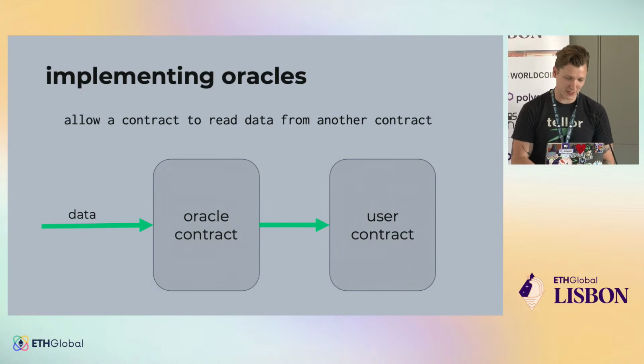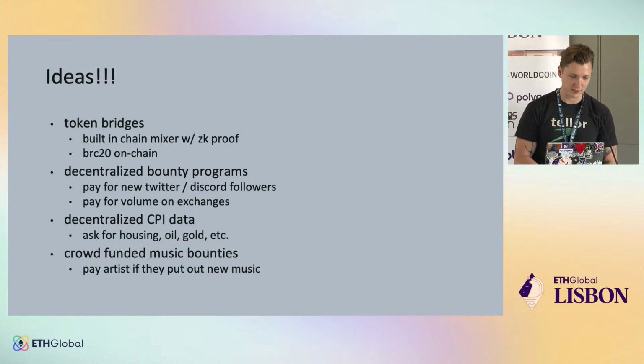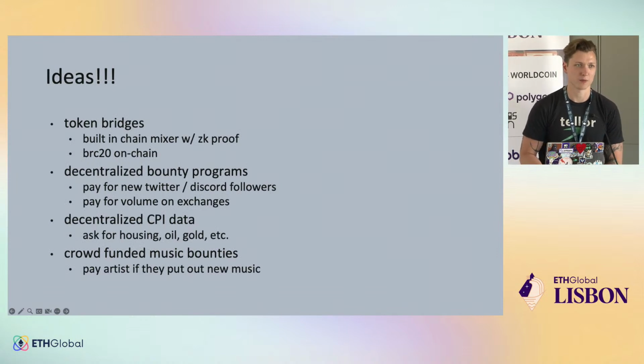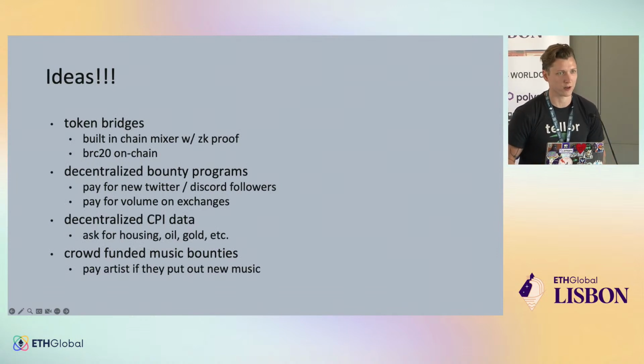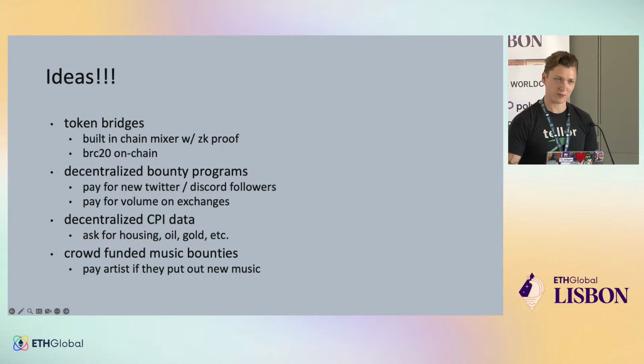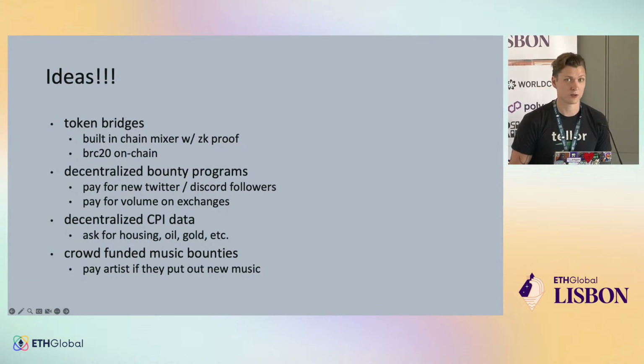But before we ended, I know some people were still looking for ideas, so these are some of the cool ones that I was hoping people would build, whether on Gnosis chain or with Tellor. You could build token bridges.